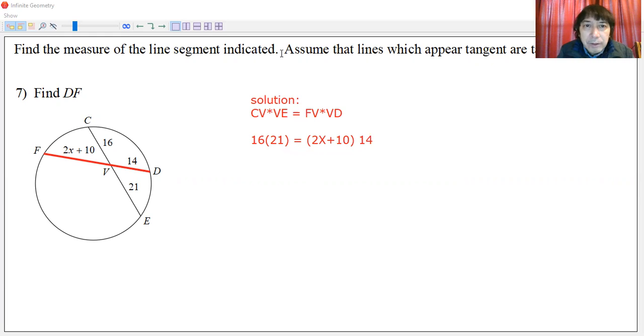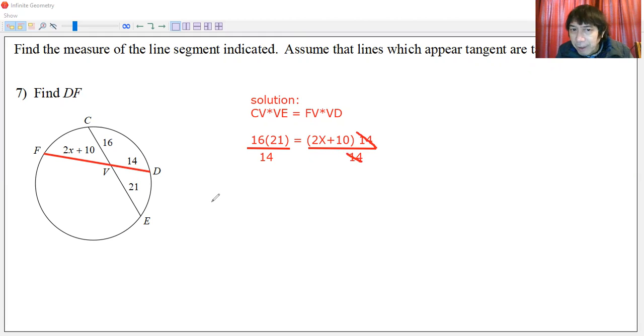To continue, we're going to divide this by the 14. Let's divide this by the 14, and we put a divide symbol there. This cancels out with the other 14.